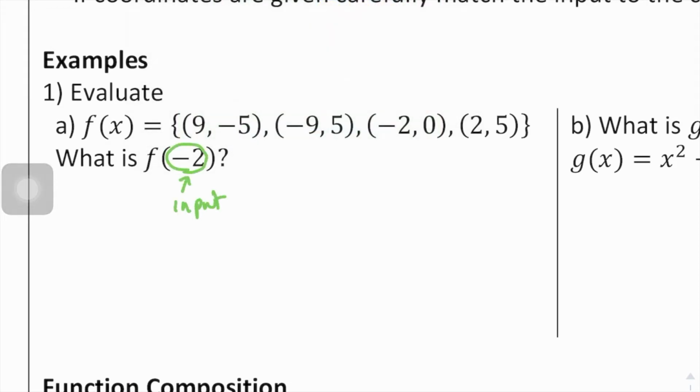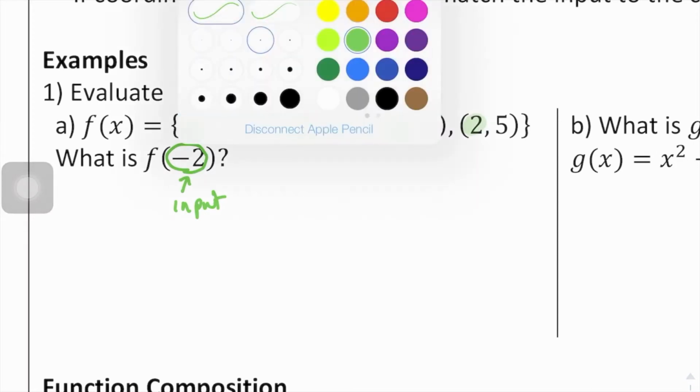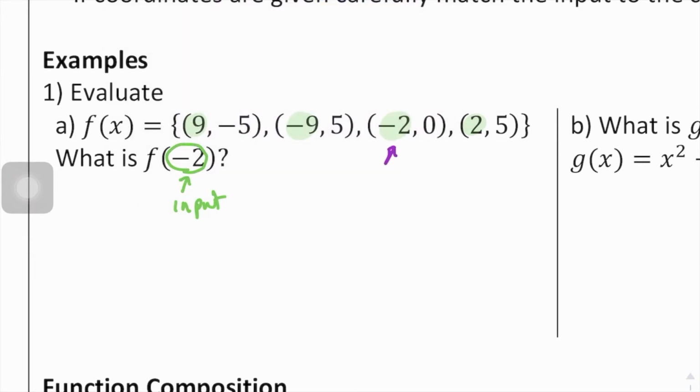So do we have a -2 input? Well, all the inputs are, remember, our x values. So 9, -9, -2, and 2. And we can see that we've got a -2 input, so that means this is our output. So f of -2 equals 0. There's our answer.